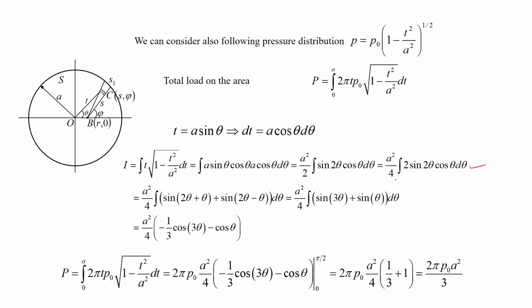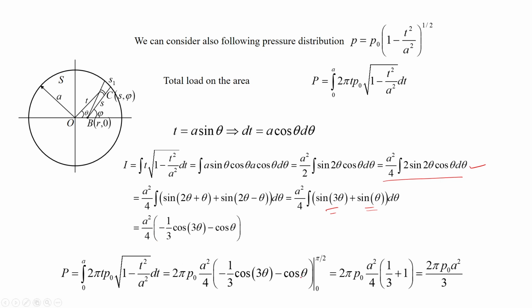So, up to this I have a square by 4, and finally it will come out to be a square by 4 times (sin 3 theta plus sin theta) d theta. By integrating that, it will be minus 1 by 3 cos 3 theta, and sin theta will give minus cos theta.